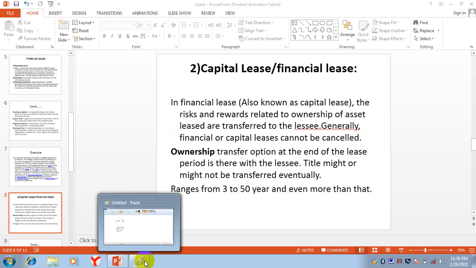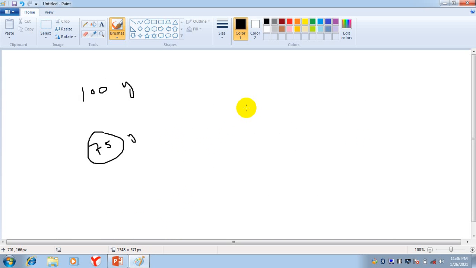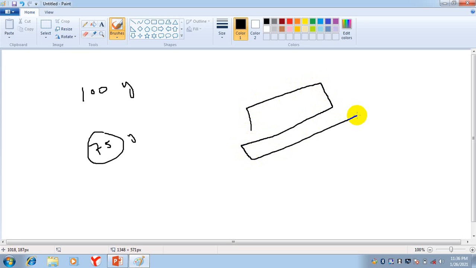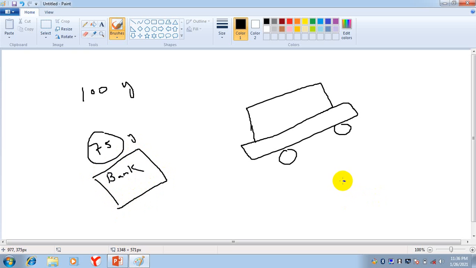Now, what is basically this? Just like I gave you the example of a car. This is the car, this is the bank, and this is the customer.